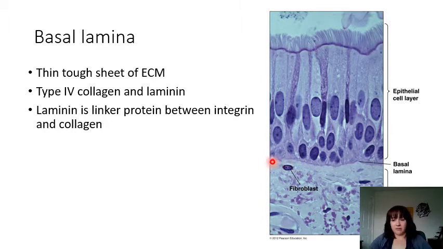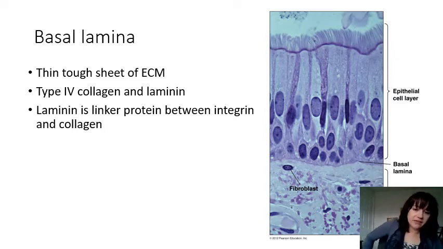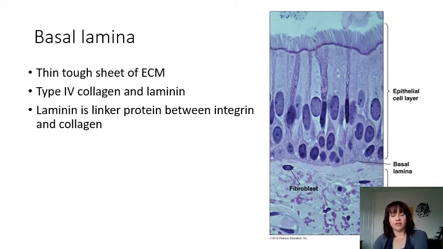And on the basal side, it's hard to see, but this is where the basal lamina would be found. The basal lamina, as I said before, is made out of extracellular matrix, specifically collagen and laminin. And in this case, laminin is what is helping those cells interact with collagen using that integrin protein. So laminin, lamina.